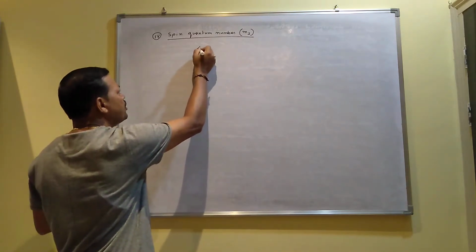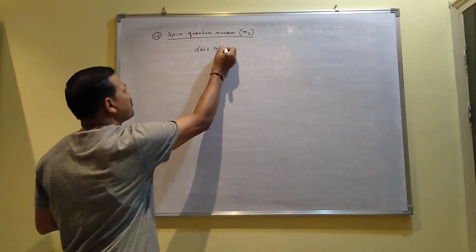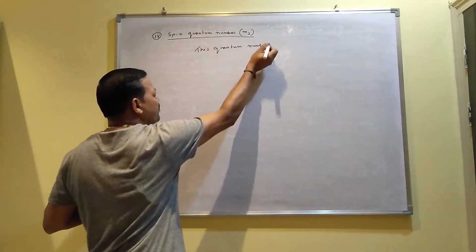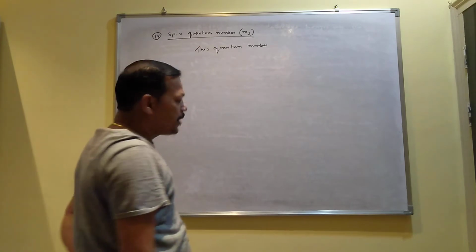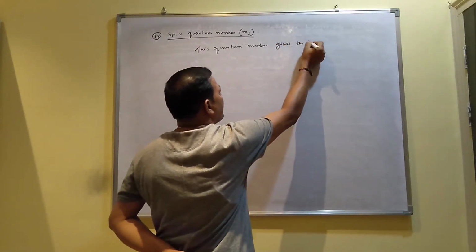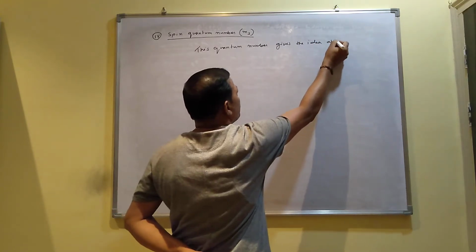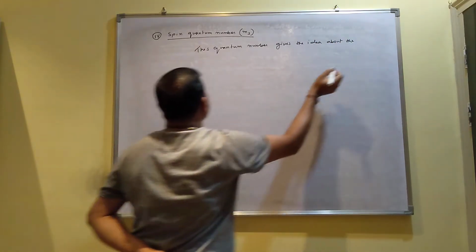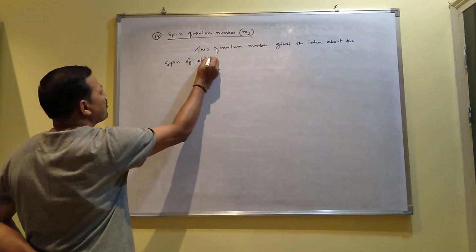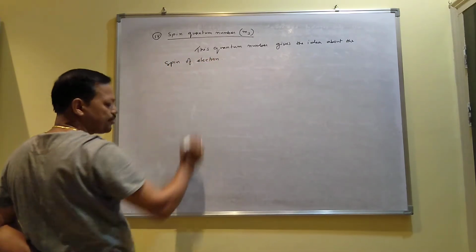So this quantum number gives the idea about the spin of electrons.